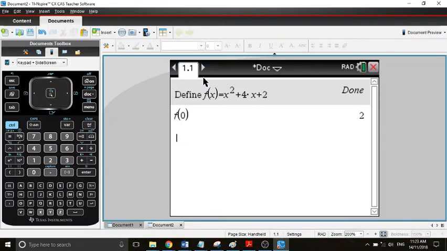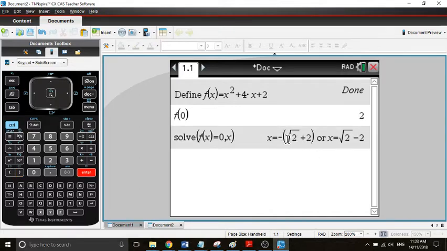X-intercept, so we'll say solve f of x equals 0 for x. So what we're saying is, where does this equal 0? And we're looking for x values. So here we are. This is our exact value, and this is what you would write down for the x-intercepts.